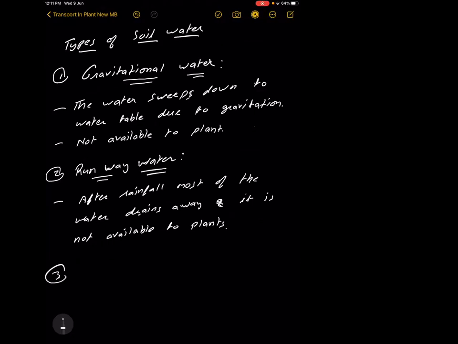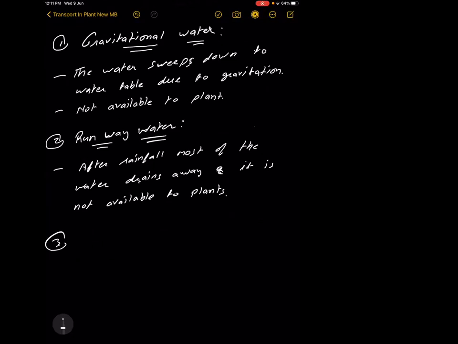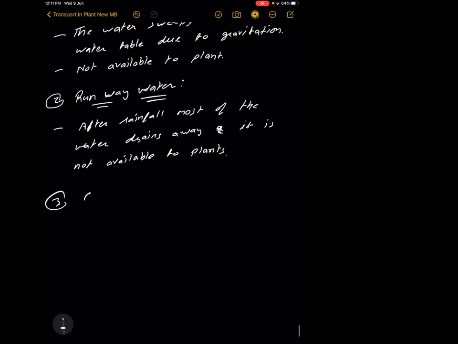Chemically bonded water means water molecules that are chemically combined with soil minerals. Minerals are present in the soil, so these water molecules are chemically bonded with the minerals. So it is called chemical water.